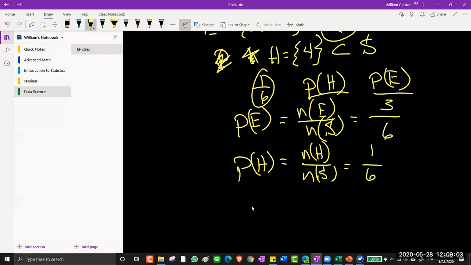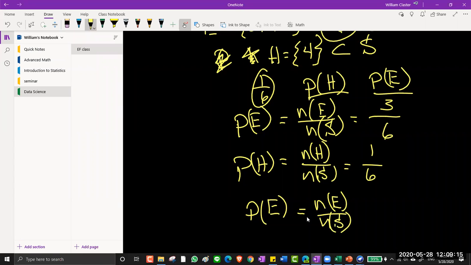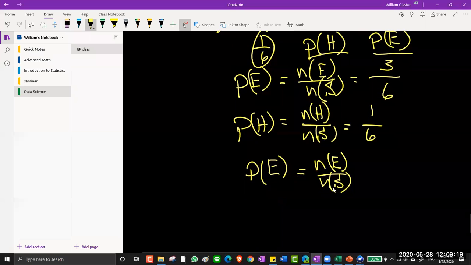Anyway, we're going to use this. So what we mean by the probability of an event is n of that event over n of S. Okay? So now we have the concept of probability. So we have all these concepts: experiment, sample space, event, and probability.